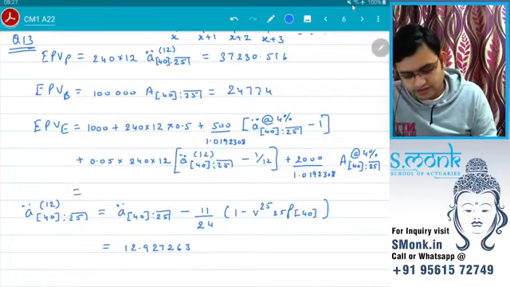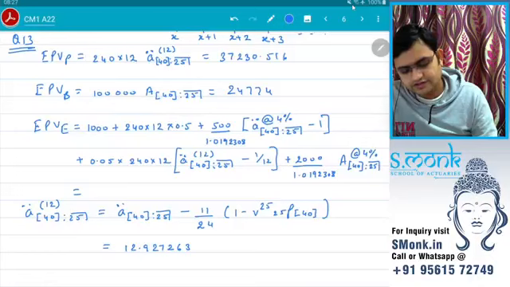And here expenses, first I'll calculate the initial expense separately.